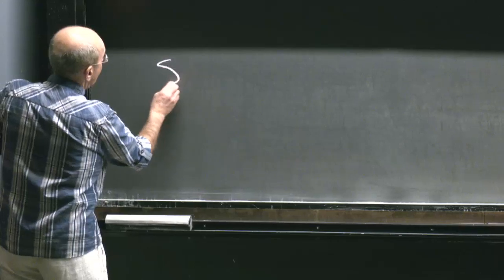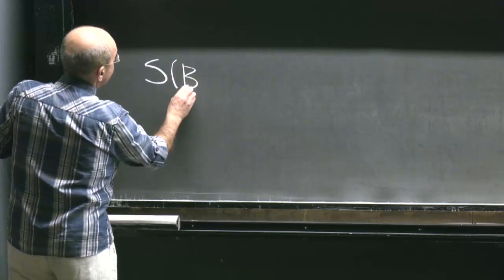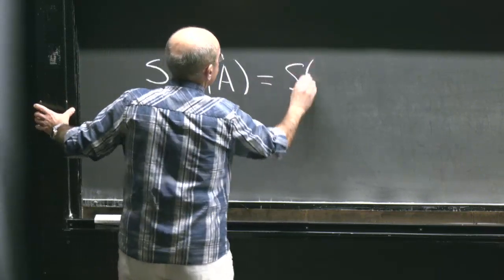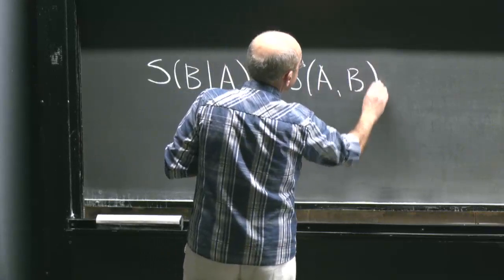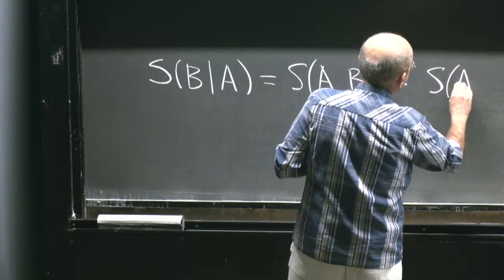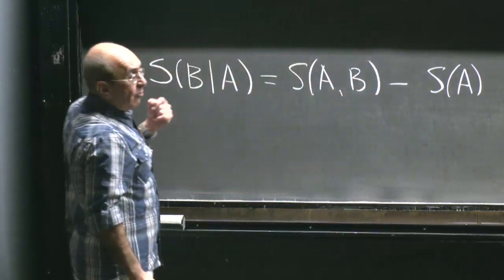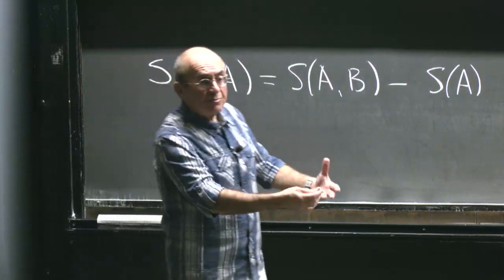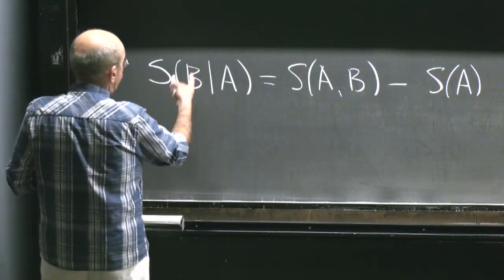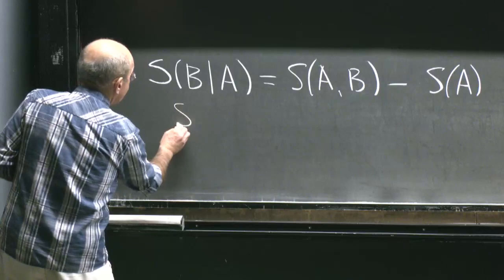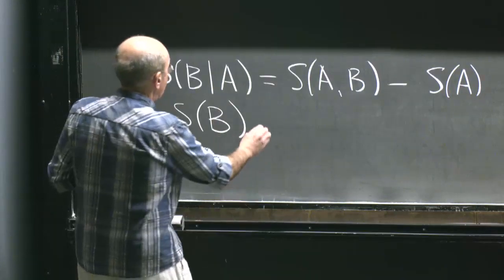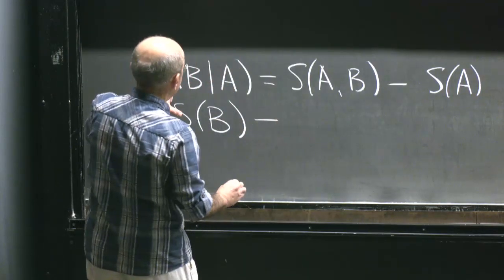So we can say that after I obtain A, there is still some remaining uncertainty about B, which is S of AB, my uncertainty about both A and B, minus S of A, since I removed the uncertainty of A. Now I may ask how much this measurement, this message, brought me about B. I had before an uncertainty about B characterized by the entropy of B, and now I have this.